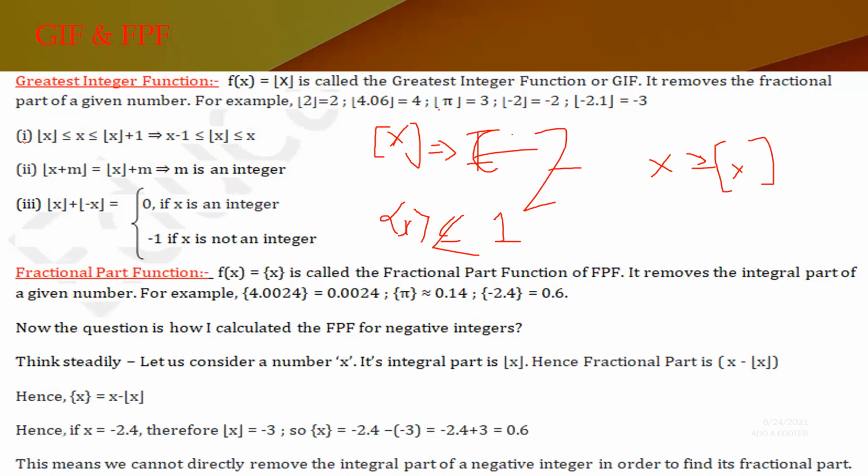So pi is 3.14, so GIF of pi is equal to 3. And GIF of pi is less than GIF of pi plus 1, so 3.14 is less than 4. So that's an example. And GIF of x plus m is equal to GIF of x plus m. You can verify it also.